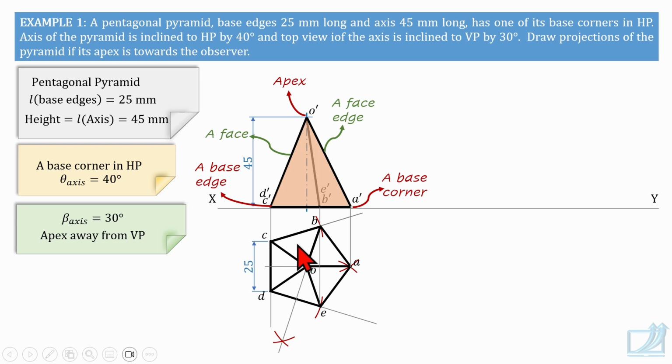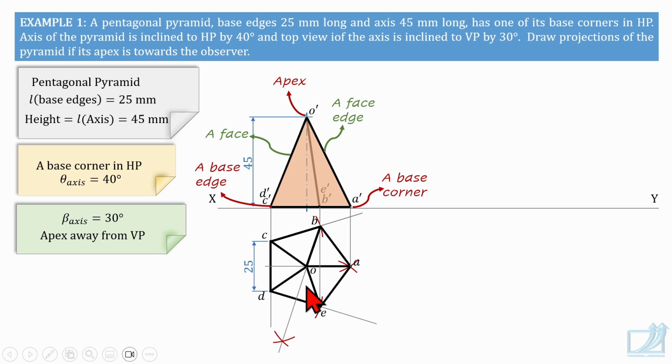This pyramid is a pentagonal pyramid and therefore it has 5 faces. In case of a square pyramid, it has 4 triangular faces, and a hexagonal pyramid has 6 triangular faces. This is a pentagonal pyramid and therefore it has 5 triangular faces.